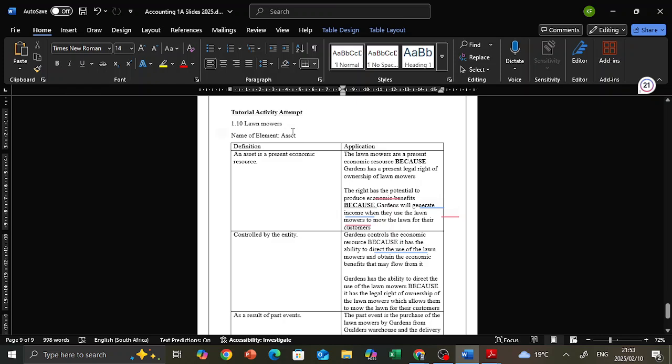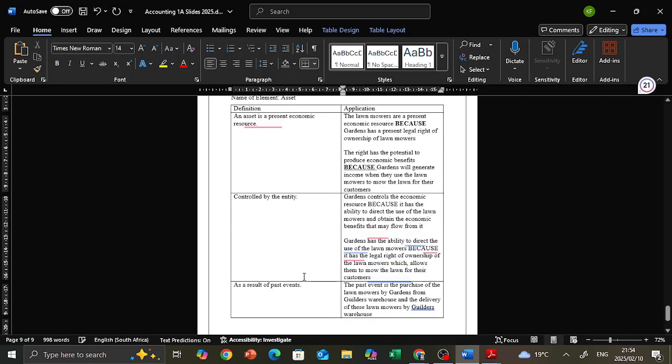First mark, asset, 1. Second, asset is a present economic resource, 2. This paragraph, mark 3, mark 4, mark 5, mark 6, mark 7, right? And where it says allows them to mow the lawn for their customers, mark 8.